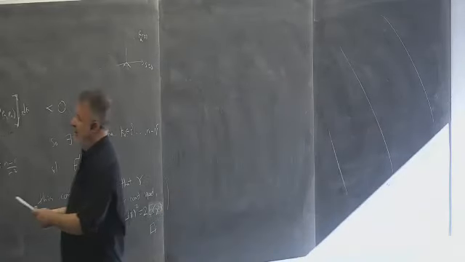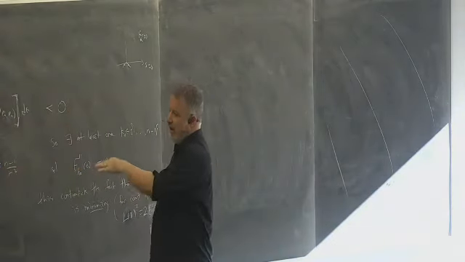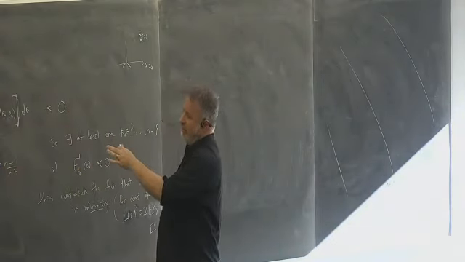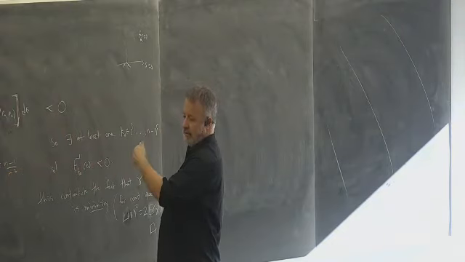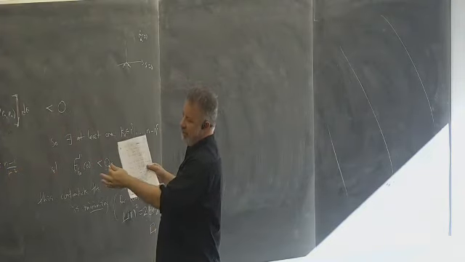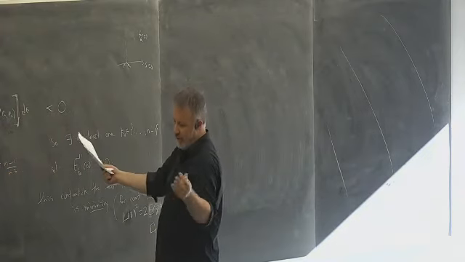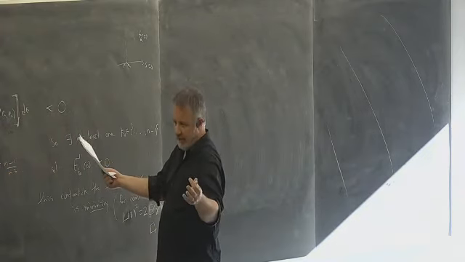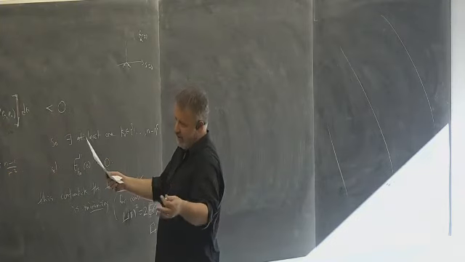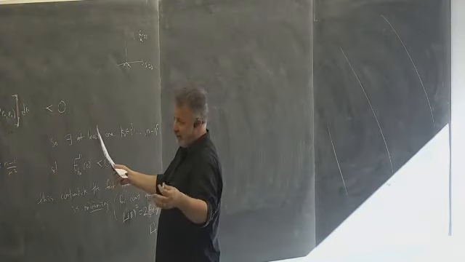This is a special case of what's called a comparison theorem. I showed you that if the Ricci is bigger than or equal to n-1 over r squared, then something happens. But there's a more general theorem which says if you have two Riemannian manifolds and the Ricci of one is greater than or equal to the Ricci of the other, then you can conclude something about geodesics and the exponential map.